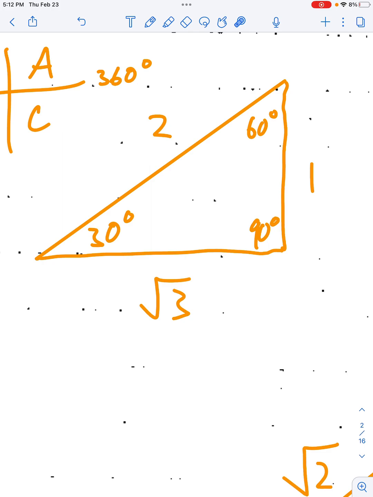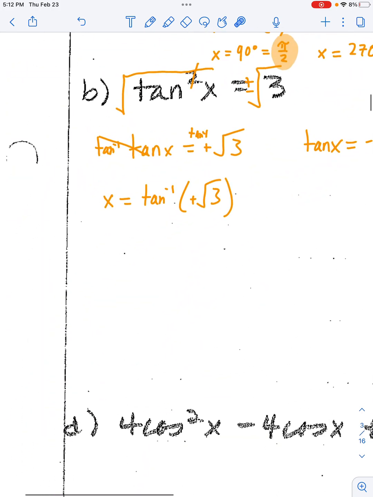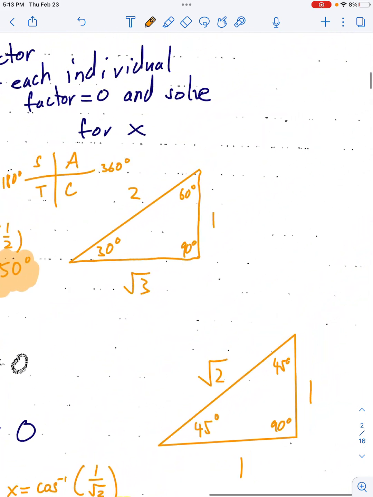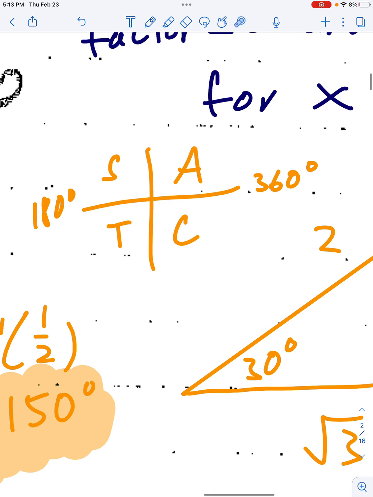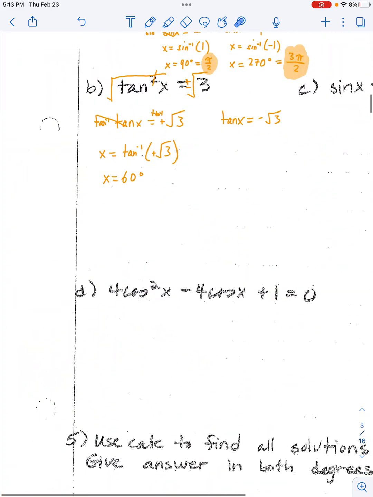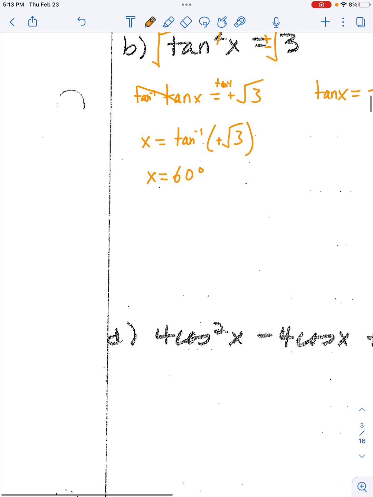It's going to be 60 degrees. So one of our answers is 60 degrees. That'll be the answer from our A quadrant. And then our answer from the T quadrant, where there's also positive tangents, is going to be 180, that number on the left, plus my 60. So 240 degrees.